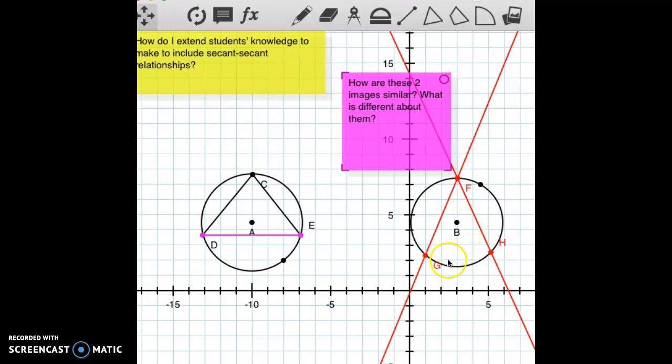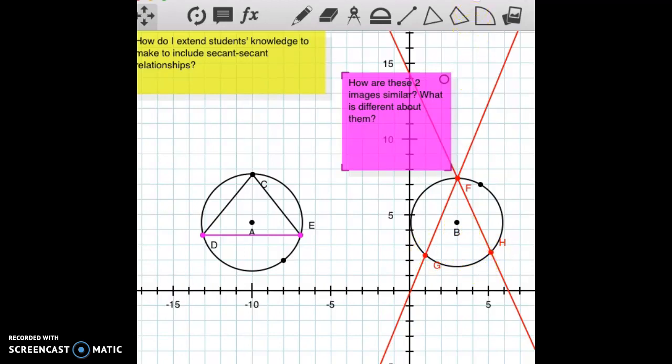And then this one is a little bit different, just where the points G and H land on the circle, but other than that, it does land on the circle, so it's similar in that part. And then having students identify all these similarities to see how they could do the measurements.